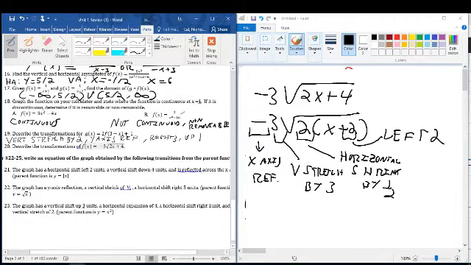So describing this transformation, we'll have an x-axis reflection, vertical stretch by 3, horizontal shrink by 1/2, so that's just 1 over whatever that factor is if it's greater than 1, and left 2. Alright.